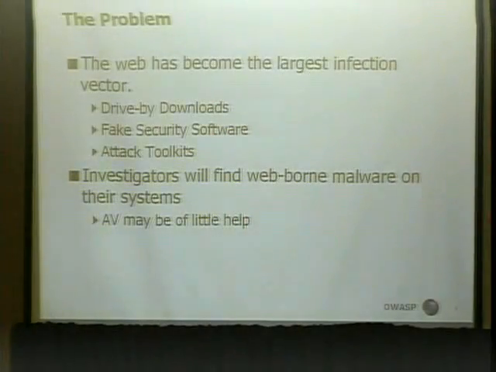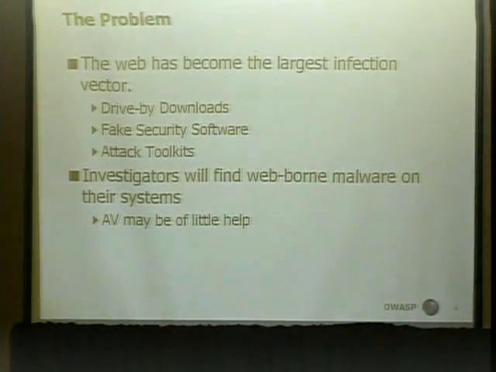There is a definite period of time between when a piece of malware is released and when it's reliably detected by antivirus. And unfortunately, that time period appears to be growing. In my research, there's at least 3 to 7 days of time lapse between when a piece of malware is released on the web and starts infecting systems to when your antivirus provider is going to detect that.